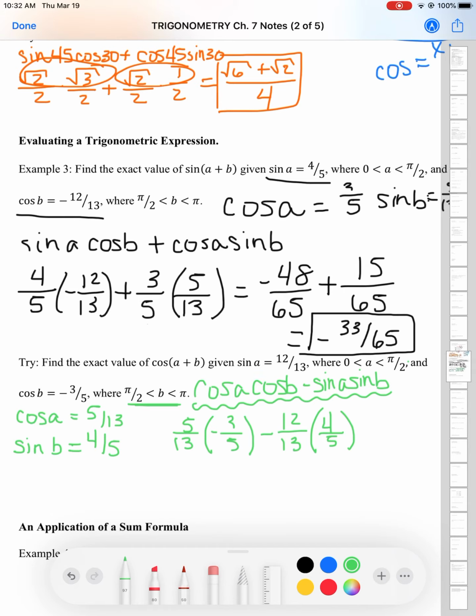So this gives me negative 15/65 minus 48/65, which is negative 63/65.